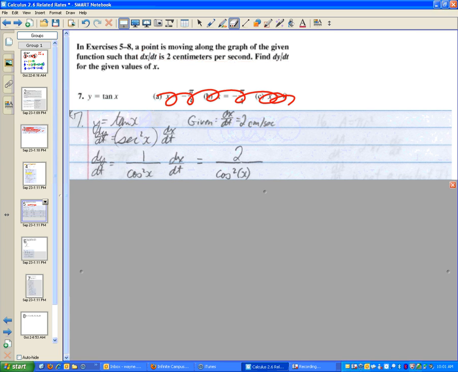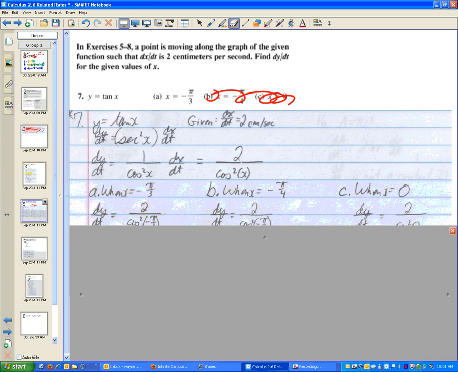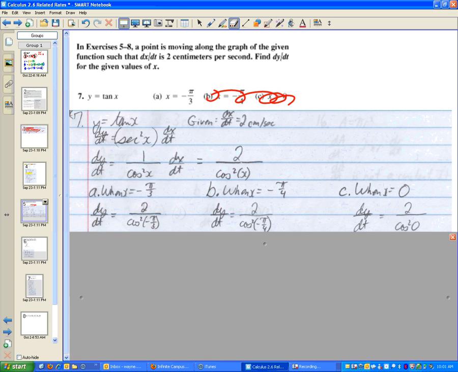And now we answer the 3 questions they want us to answer. We're supposed to find dy/dt when x equals negative pi over 3. So we solve that one by replacing x with negative pi over 3. Part B, we replace x with negative pi over 4. Part C, we replace x with 0.